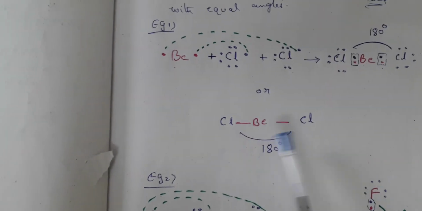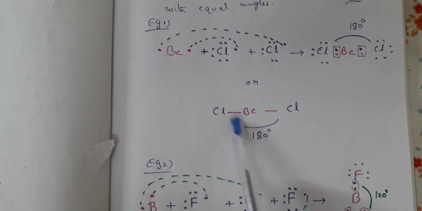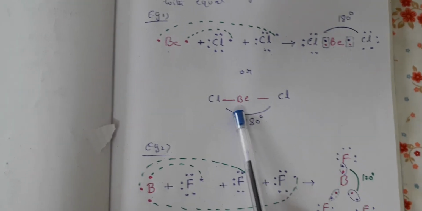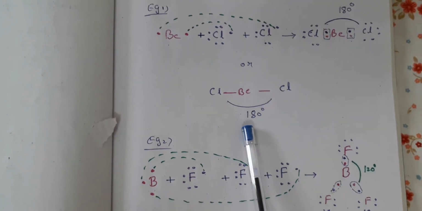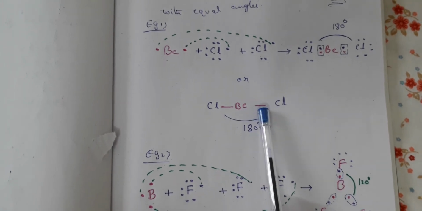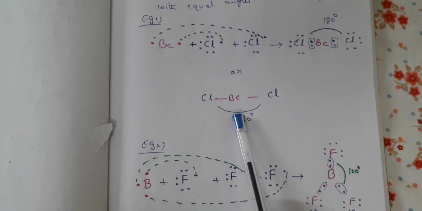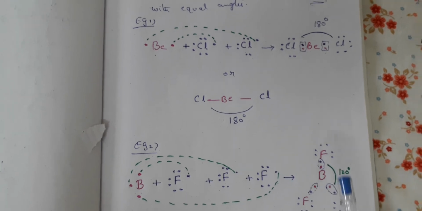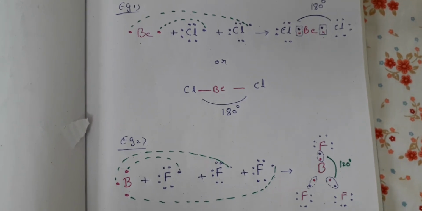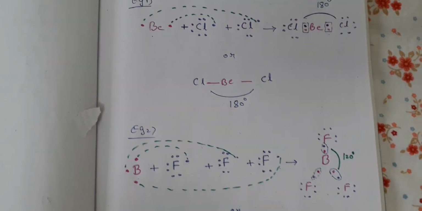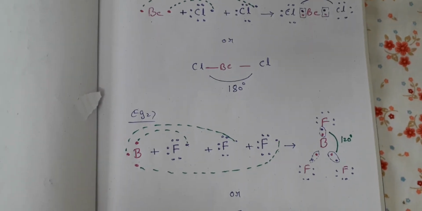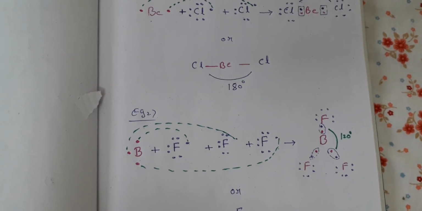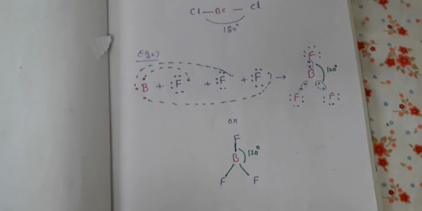And here also beryllium chloride, there are no lone pair of electrons around the central atom, and thus the angle is 180 degrees because only 2 bonds are formed. But similarly in methane 4 bonds are formed, meaning bond angle should be 90 degrees, but that is not happening. Why is it so? Let us discuss that tomorrow in the next class. Okay, so take a screenshot and copy the notes.